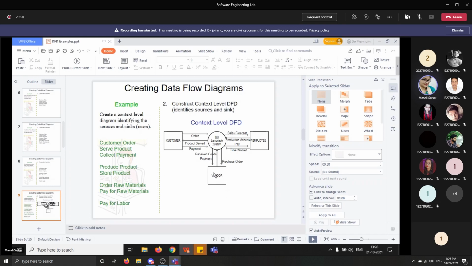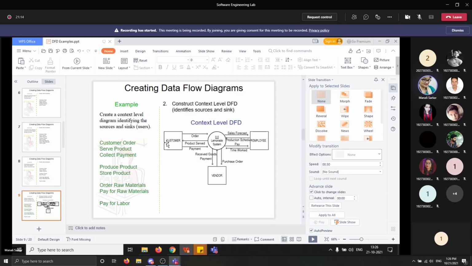So here, see, the arrow is moving from this direction to this direction. That is, the lemonade system is receiving goods from the vendor. So see here, the arrows are very important. These are the entities. That means here these are the sources and destinations. Now see here, the arrow is moving from this direction to this direction.